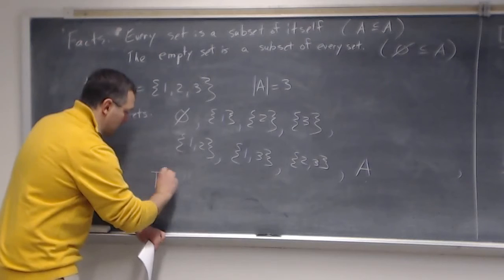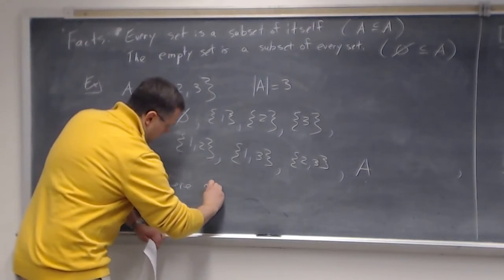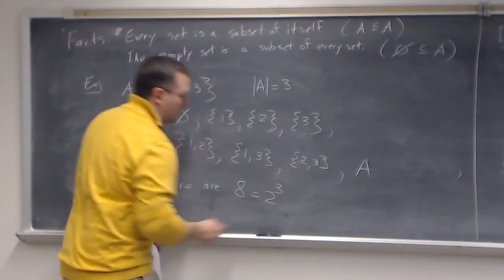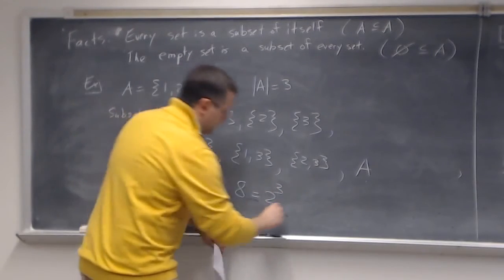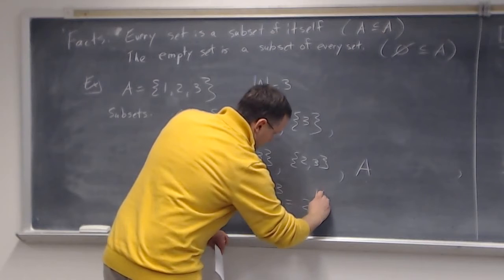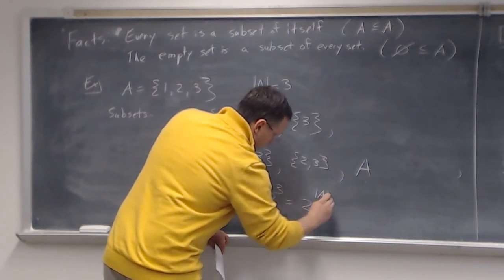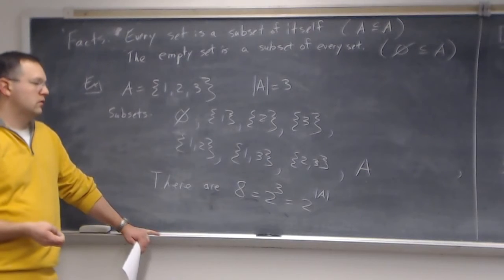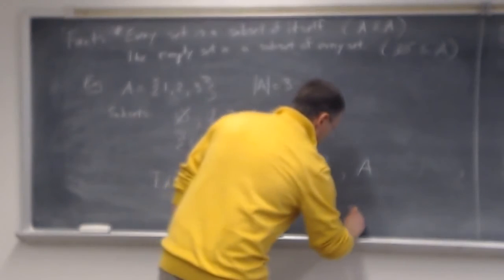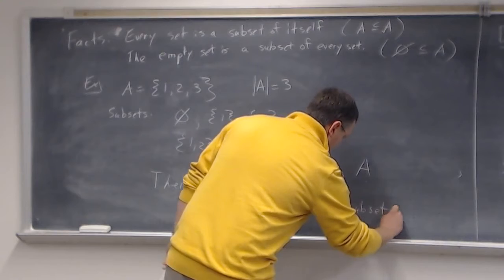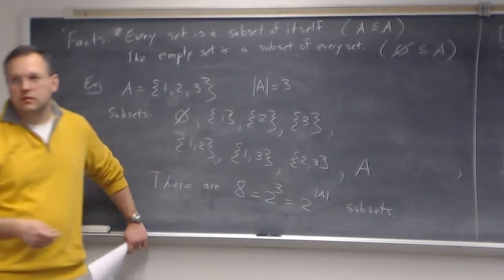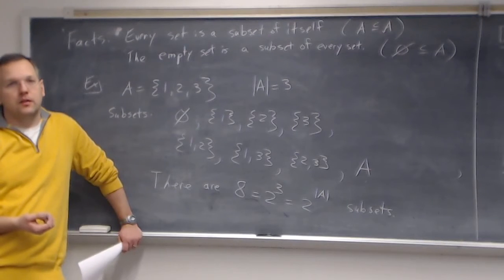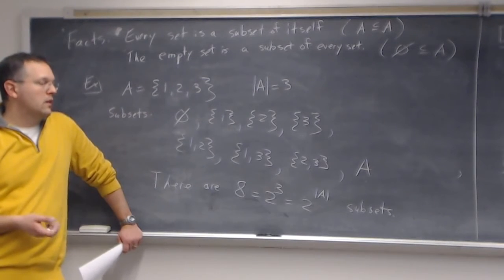There are 8 subsets, but 8 is 2 cubed. Two to the size of A subsets. And it's just a coincidence, huh? Maybe we should do about 30 more examples before we're convinced that this might be more than a coincidence.